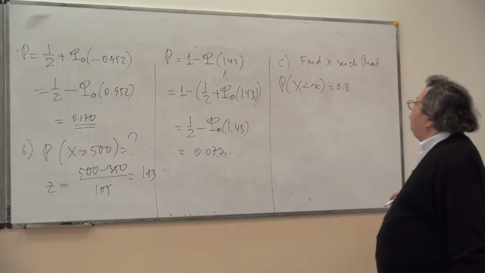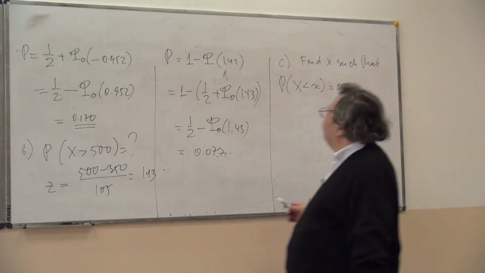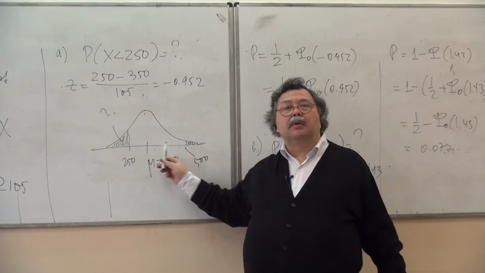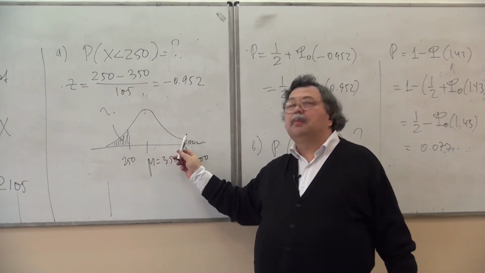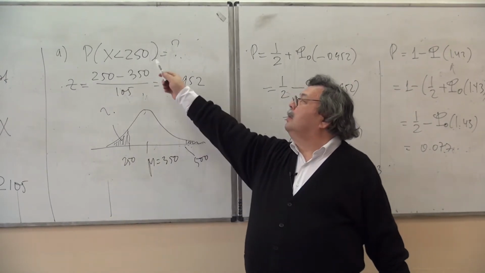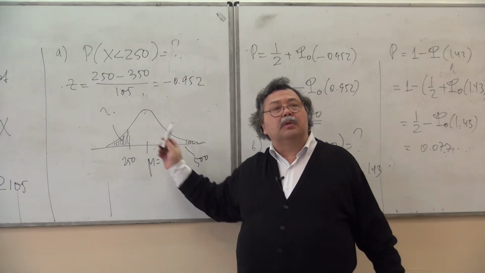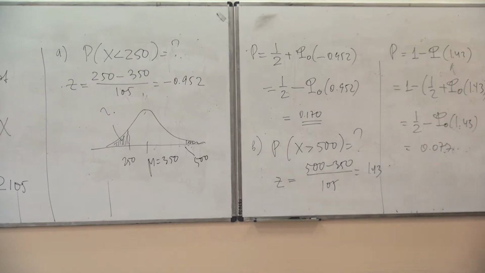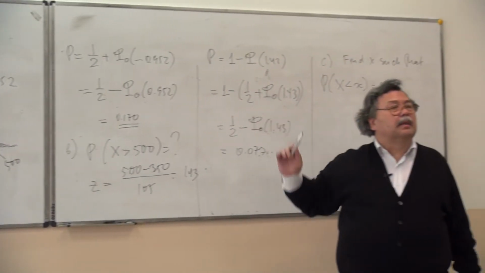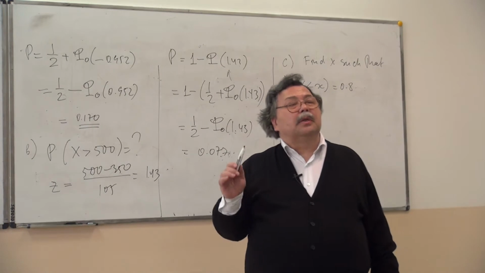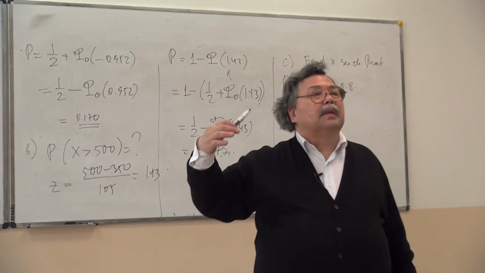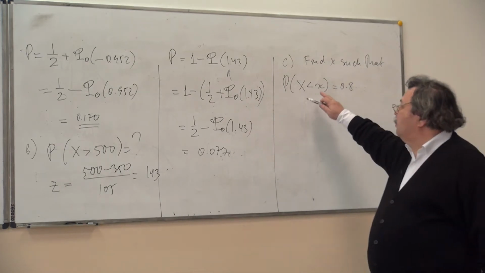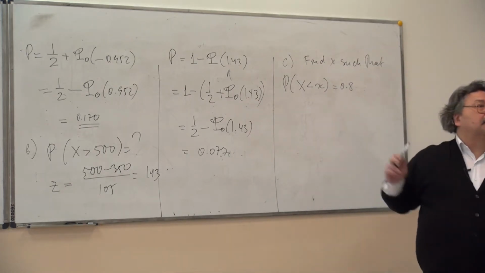Okay, so we want to identify such a value of x on the line that the probability associated with all the values to the left of it is equal to 0.8. Okay, so in the first two parts of this example, we found certain probabilities given specific values of x. Here it's the other way around. We want to find x given a probability.